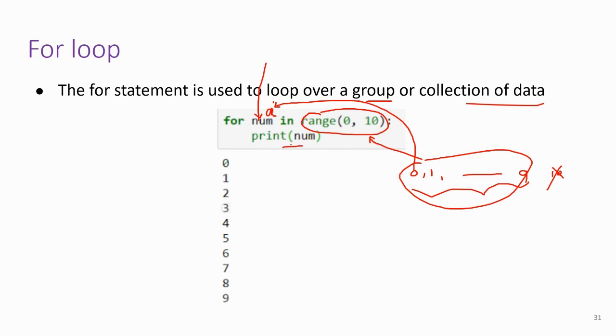Then again it will go and take the next value, 1, to num, and print it. So like that there is a loop. This will go on until we finish all the values in the collection of data, or group, that is produced using the range instruction.